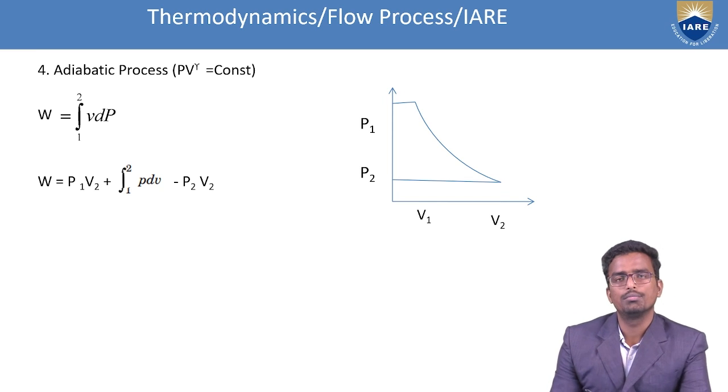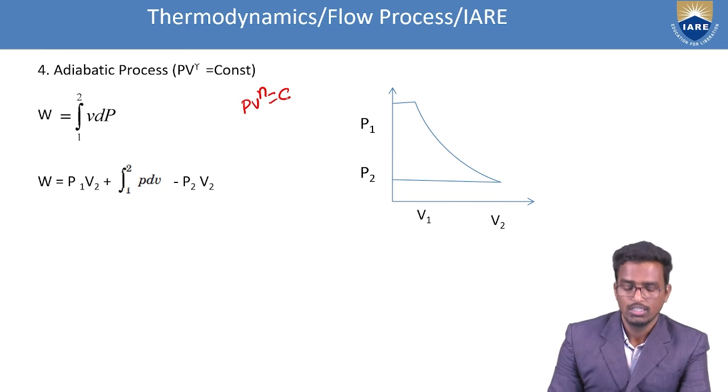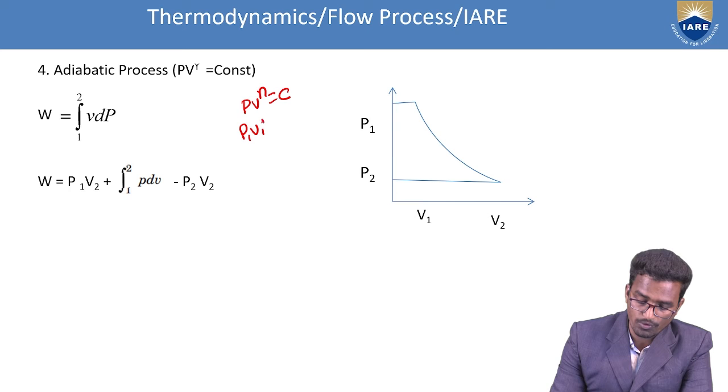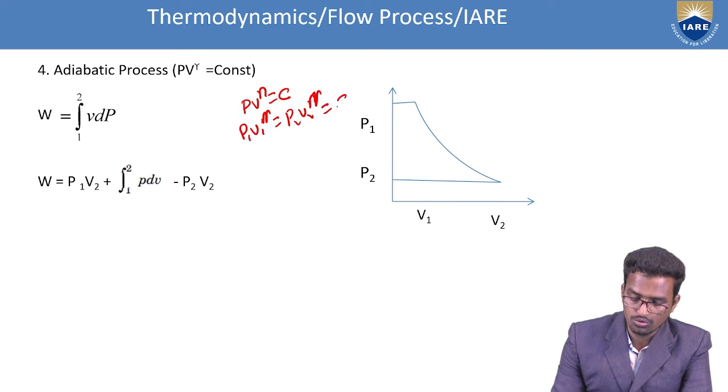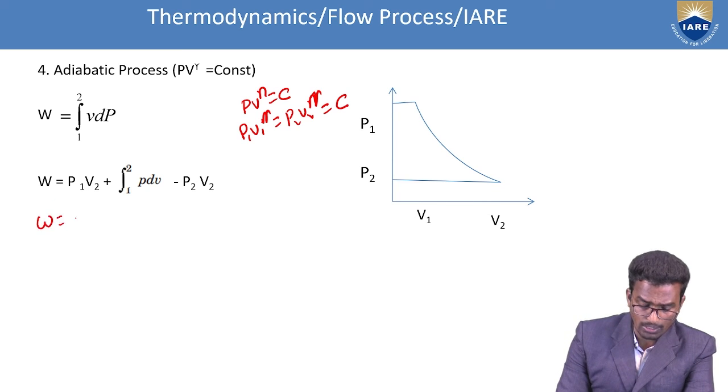This is a somewhat lengthier process to calculate. In an adiabatic process we know that PV to the power gamma is equal to constant, and also we can write P1 V1 to the power gamma is equal to P2 V2 to the power gamma is equal to constant. Okay, so now you write W is equal to P1 V1, actually P1 V1 minus P2 V2.